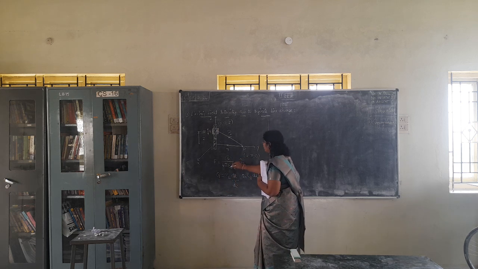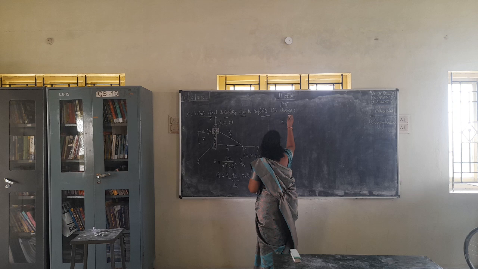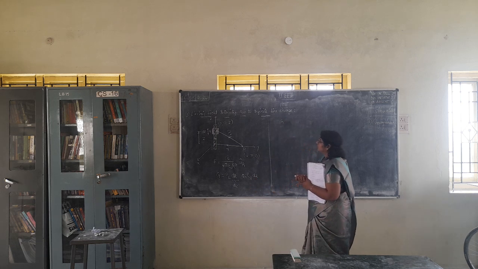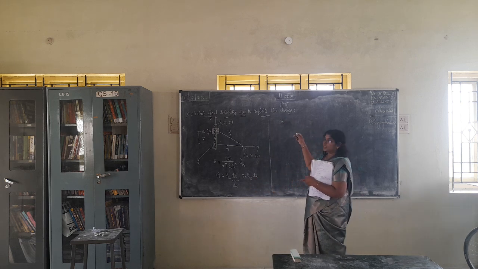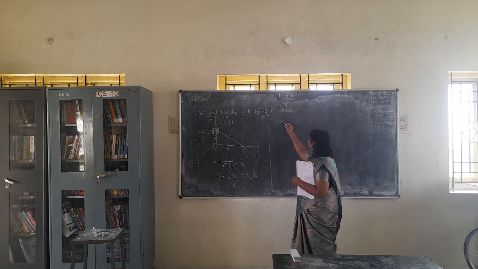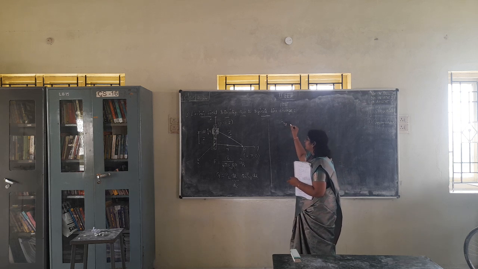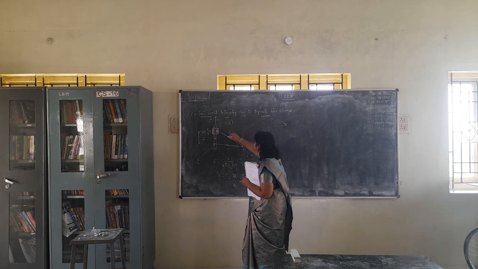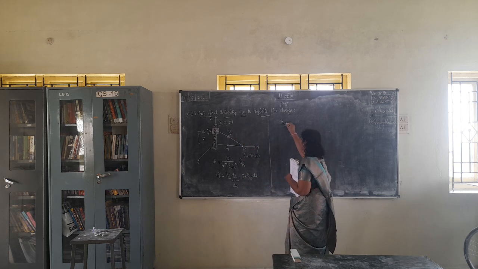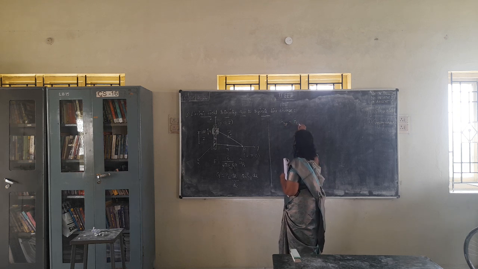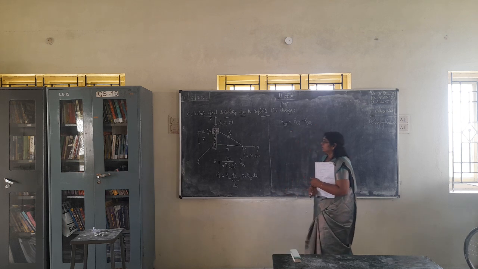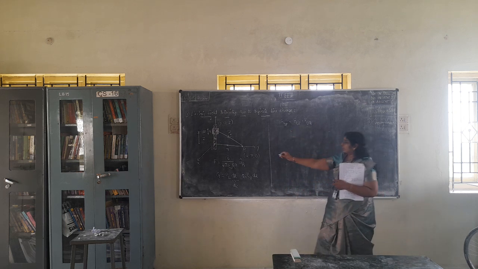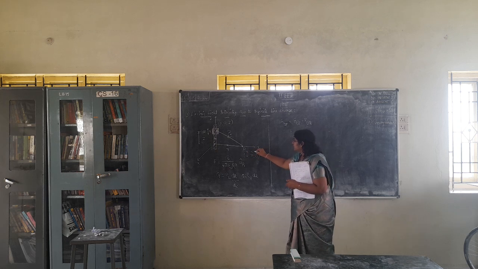Second one, find the value of r. To find r, consider it is moving from Q to P. If you go from A to B, it is B minus A, so Q to P is the position vector of OP minus the position vector of OQ. The value at point P is x 0, y r, z 0.